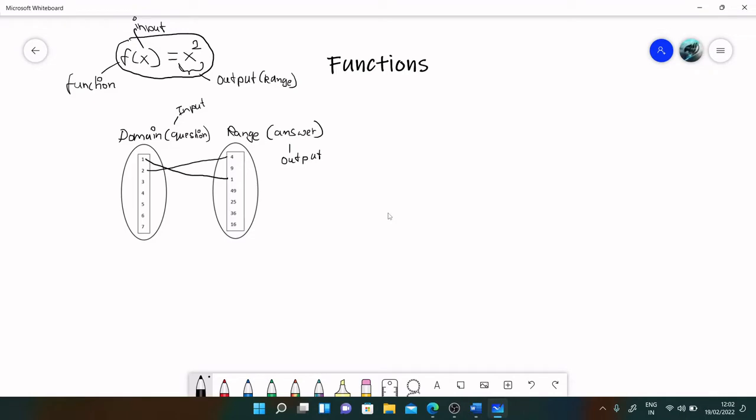F of 3 is 3 squared, 9, 4 squared, 16, 5 squared, 25, 6 squared, 36, and 7 squared, 49. This is our function. This is how a function is mapped. You draw a line between the input value and the appropriate output value.